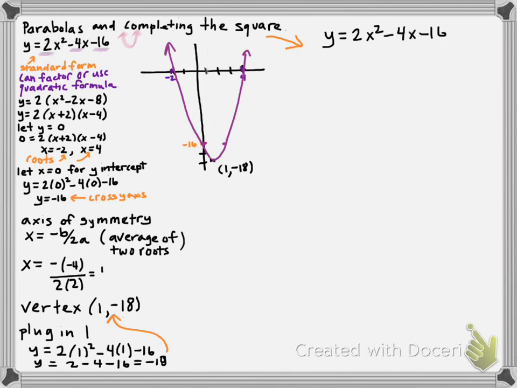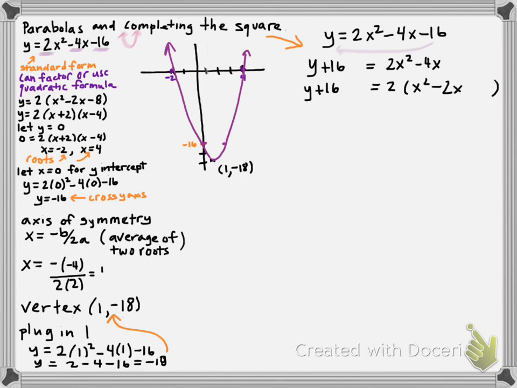And now let's see how it's connected to completing the square. So here's my original equation. A couple of philosophies about completing the square with that -16: some people move it over and keep it on the right-hand side. I'm actually going to move it to the left-hand side, leaving a little space because I'm about to do some things. I have a pesky little a value of 2 that I'm going to factor out first, and I end up with x squared minus 2x.